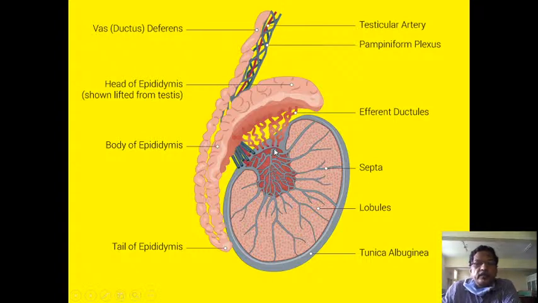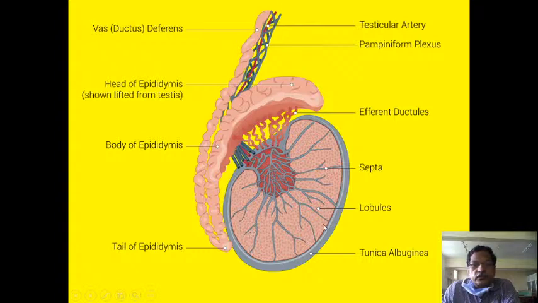See, at the hilum of the testis, there are vasa efferentia which join the epididymis. The epididymis lies posterior to the testis. In the upper pole, the epididymis is divided into head, body, and tail. See, the tail comes up to the lower pole of the testis.